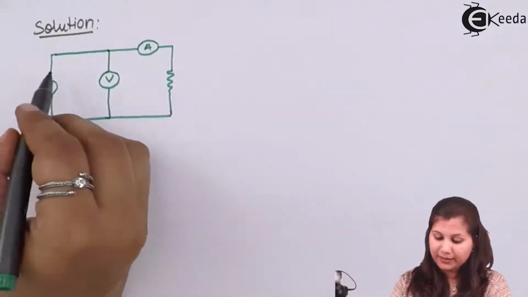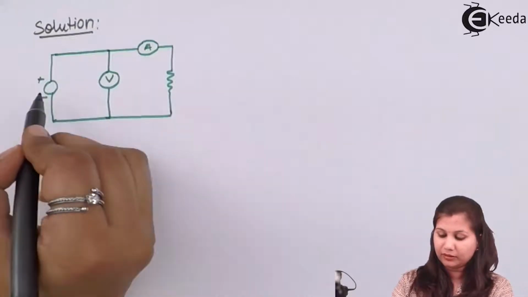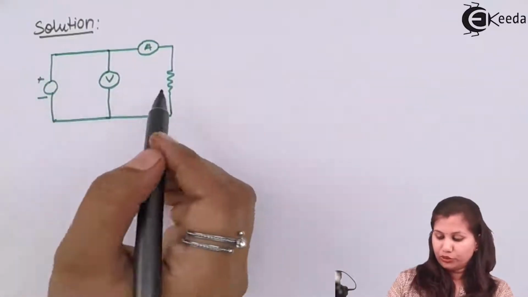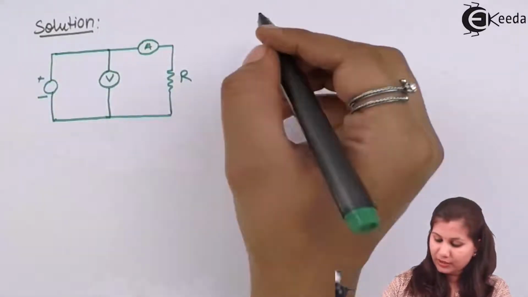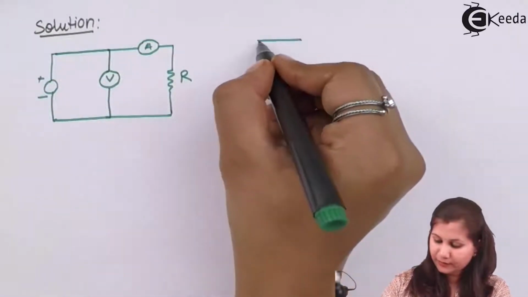This is the power supply which is providing the current and the voltage to the resistance. So this is the first connection, and then the second connection.